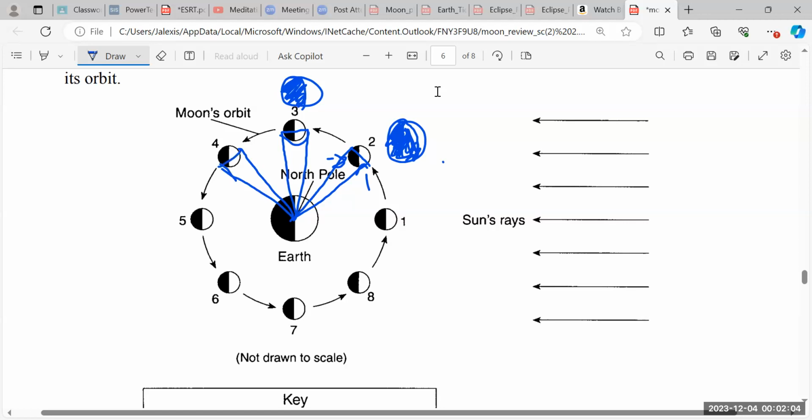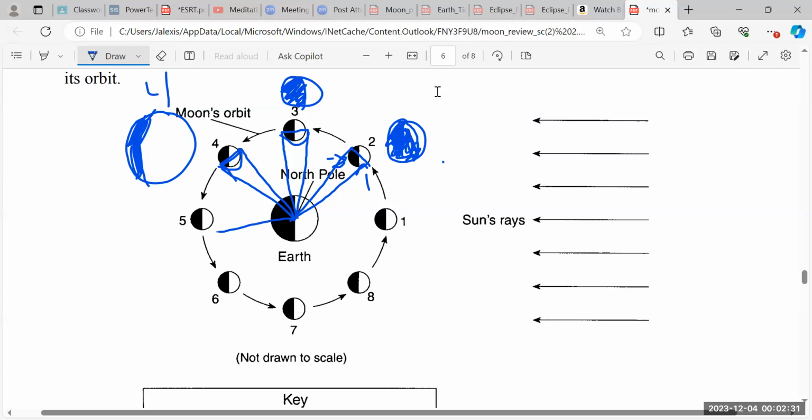Draw a straight line. And even though my line may be a little bit crooked, I see right here a little bit of dark on the left and a lot of white on the right. So this is position 4.